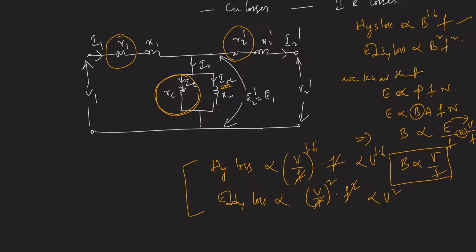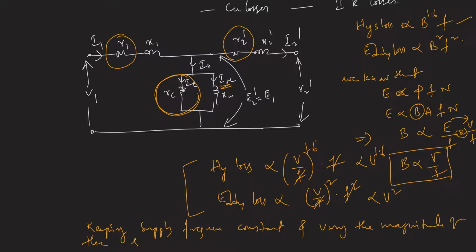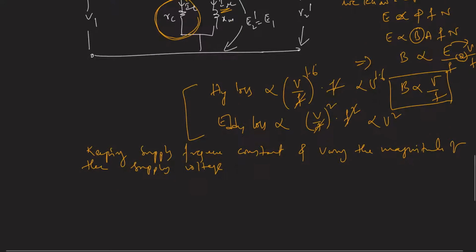So if we keep the supply frequency constant and vary the magnitude of the supply voltage, how does it affect the eddy current losses and hysteresis losses?